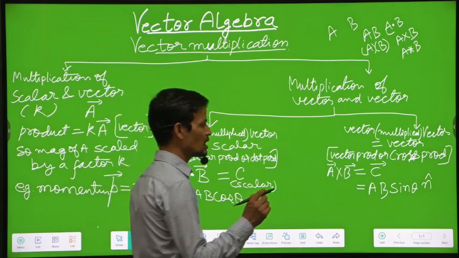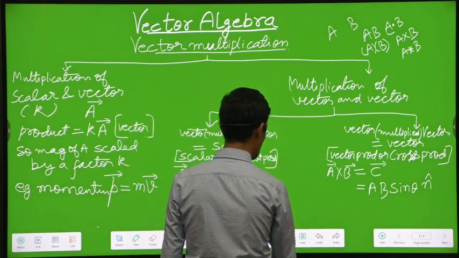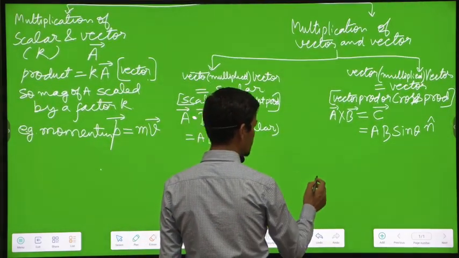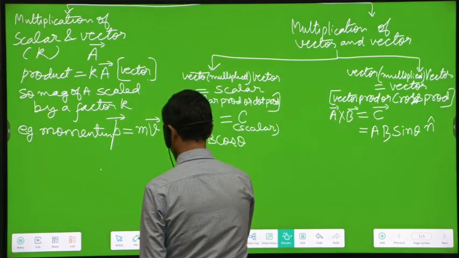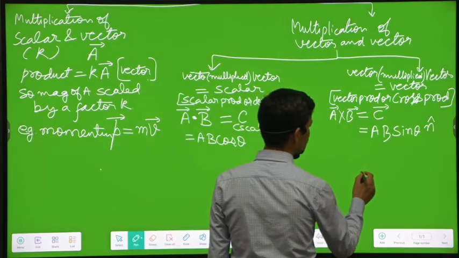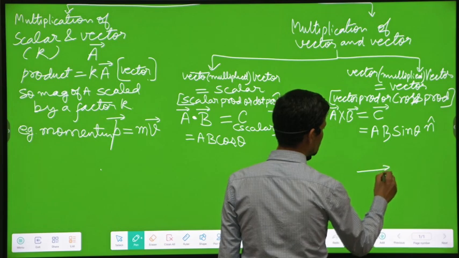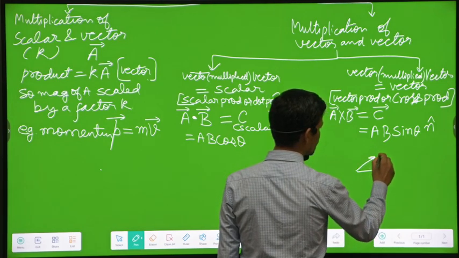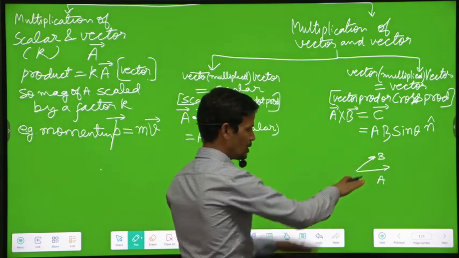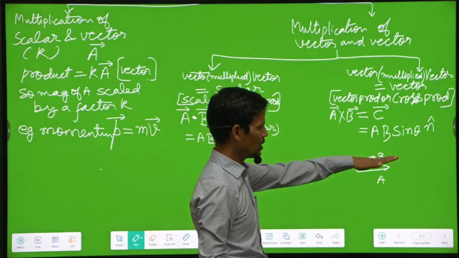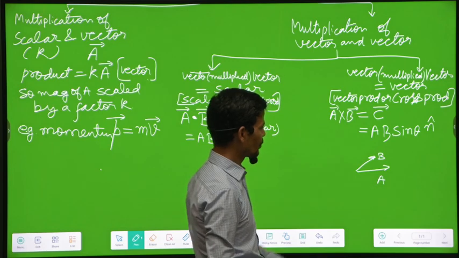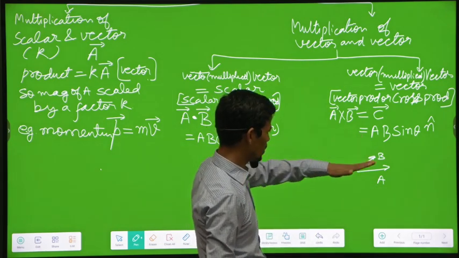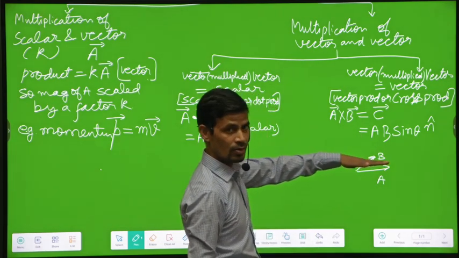And here this n cap is given by right hand thumb rule. If this is A, this is B, and this is just the plane lying in my hand. Let us suppose they are not in this plane, they are in this plane, horizontal plane.